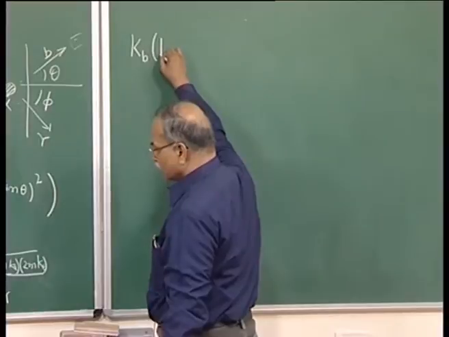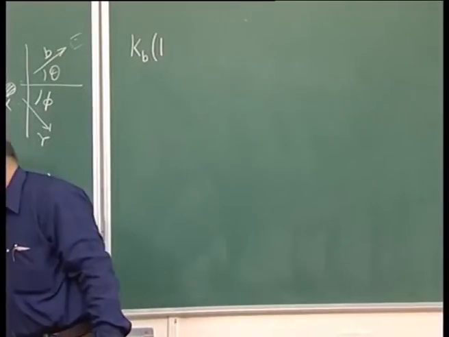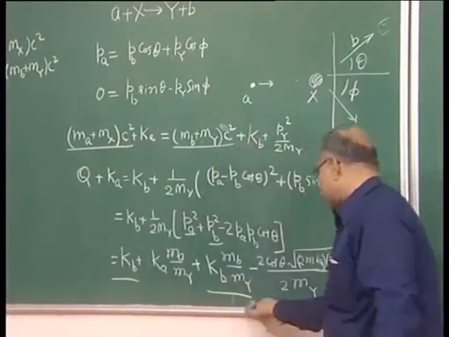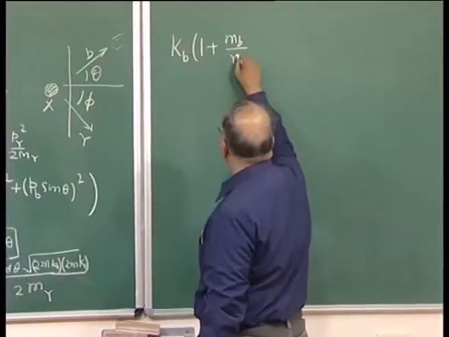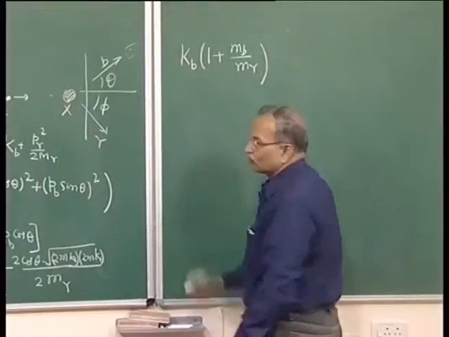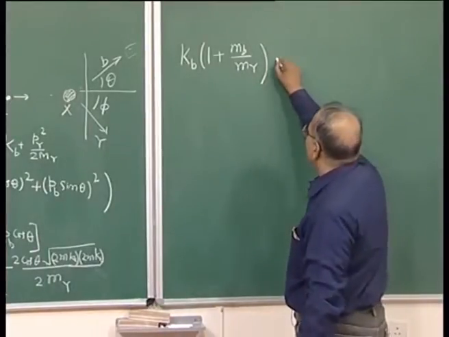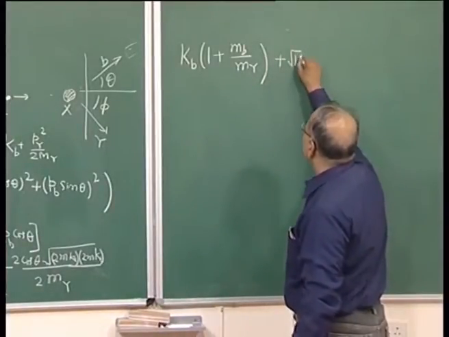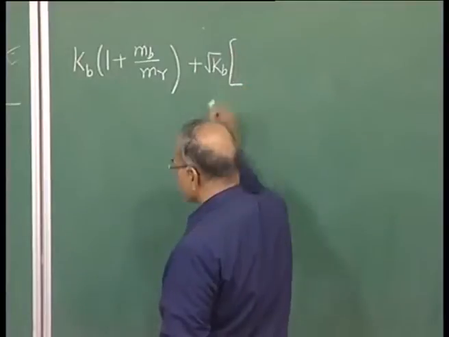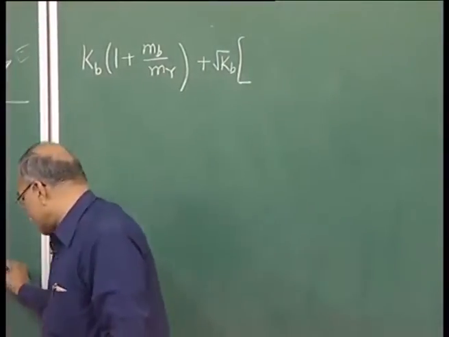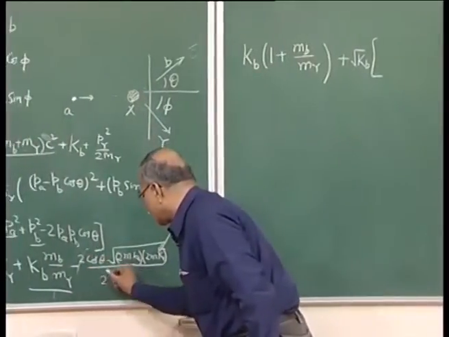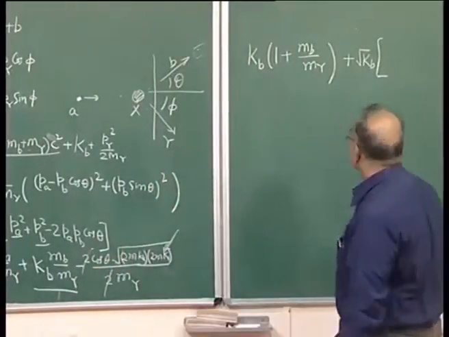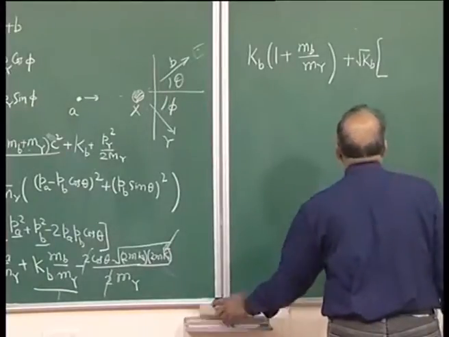and 1, this is Kb and this Kb I am writing and this Kb I am writing. So, 1 plus mb divided by my, then square root of Kb, with square root of Kb, here is square root of Kb. What you have, this 2 you can cancel and this 2 will come out. So, it is minus 2 cos theta.